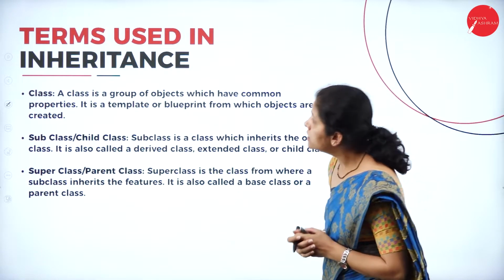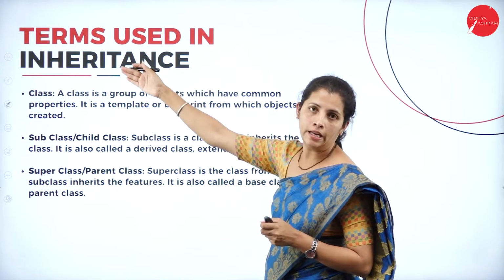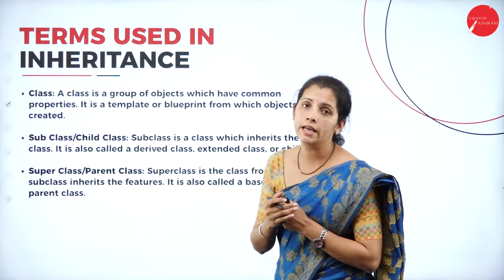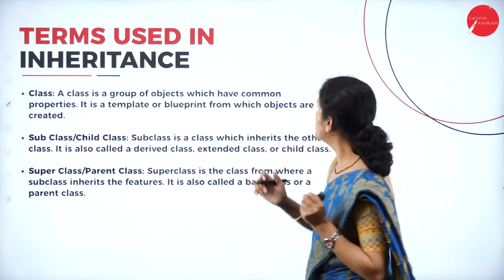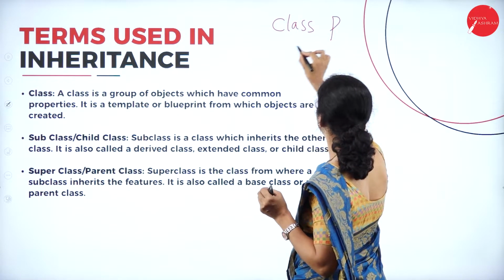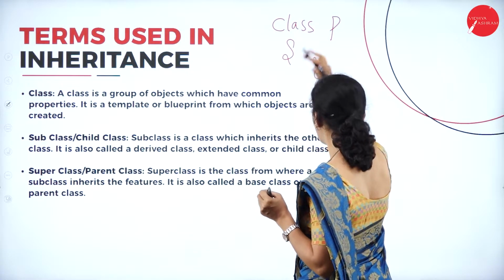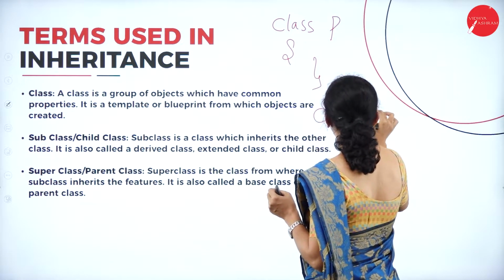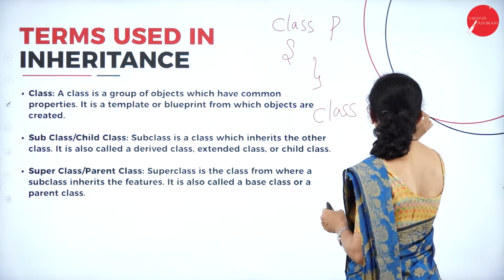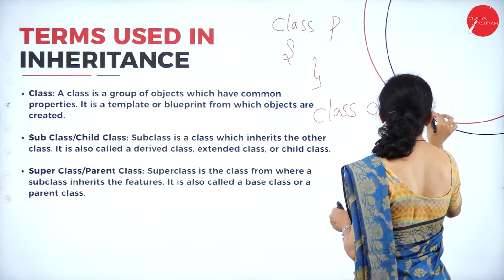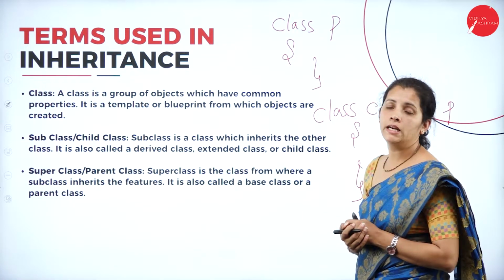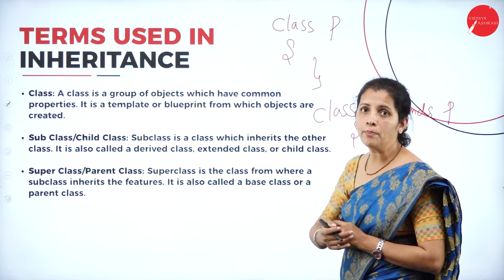Now the terms used in inheritance. So what are the terms we can use in inheritance? For example, think that my class is P. This is my parent class and I have a child class C. Now I'm going to use the keyword extends P. This is the way I can implement inheritance in a Java program.